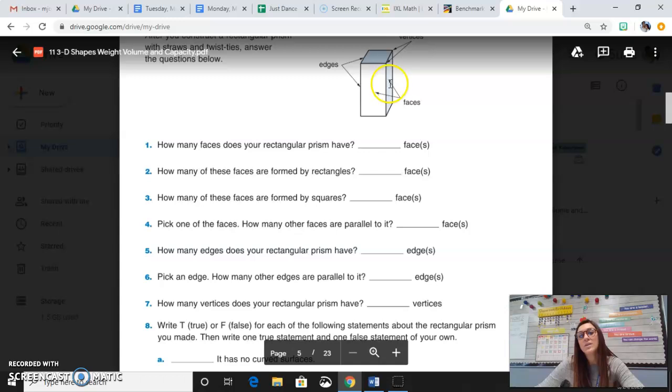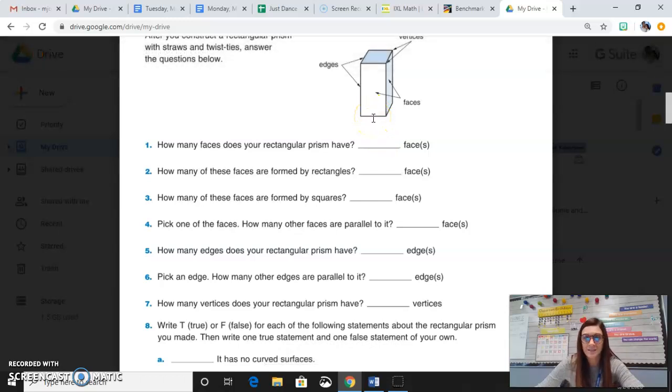So I know that there's 1, 2, 3, 4 faces around the image, and then on the top there's 1, and then on the bottom there's 1. So there would be 6 total faces in this rectangular prism, which would be number 1. So make sure that you're visualizing the whole thing, not just what's shown to you on the page.